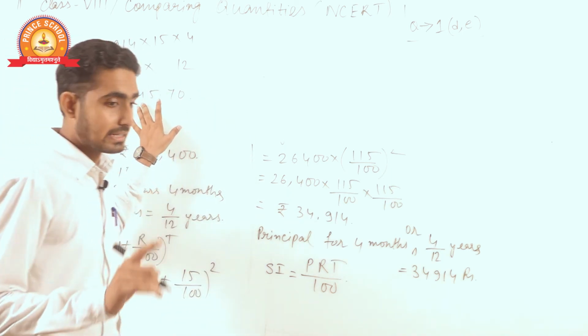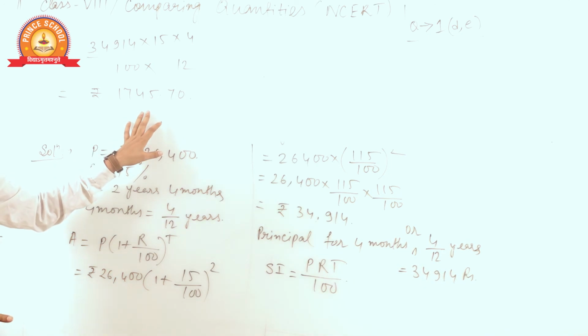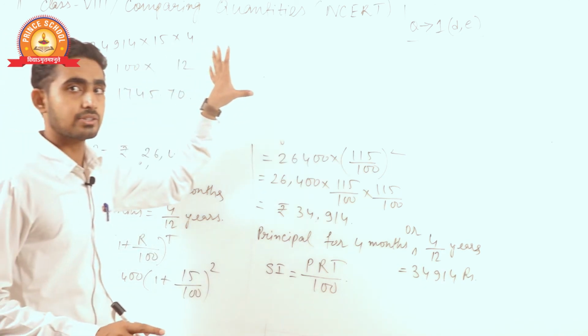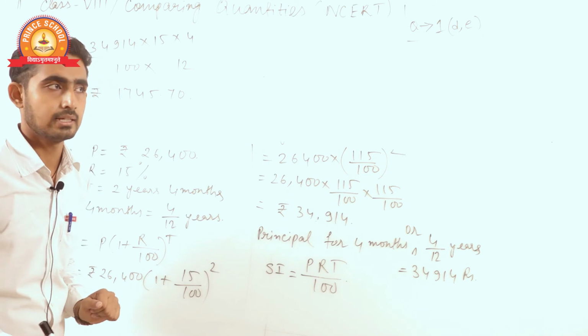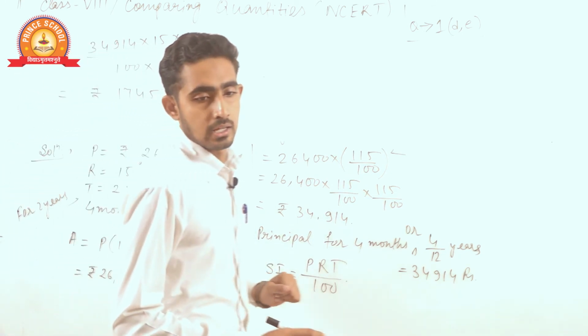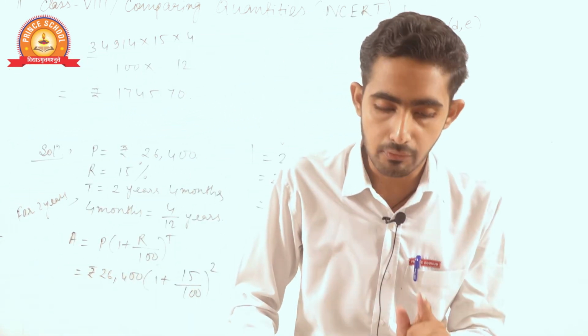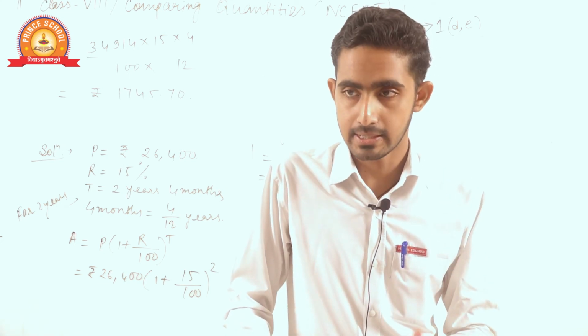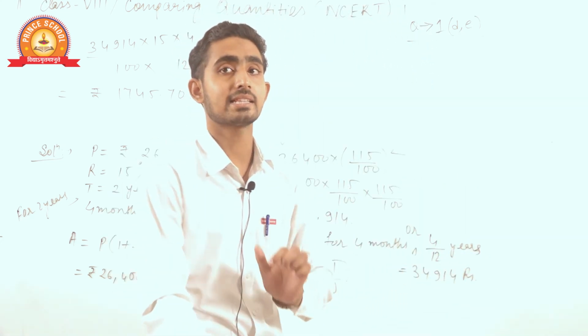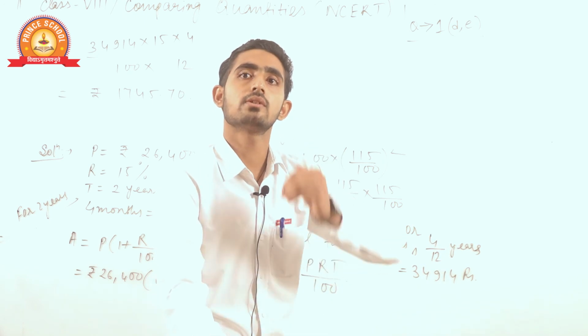Okay, that is the SI. Now listen carefully, that is the SI for 4 upon 12 years. Now your question says, what amount will she pay, how much amount will she have to pay after 2 years 4 months.